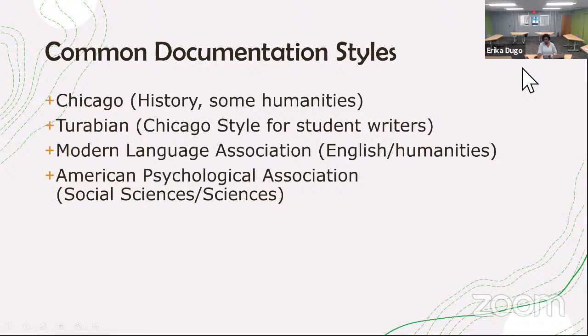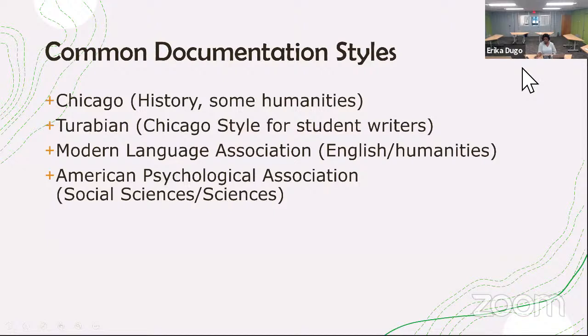And before we talk about that, I would like to talk about some of the common citation styles that's in the previous presentation that I did. But Chicago or Turabian are used by humanities and history.